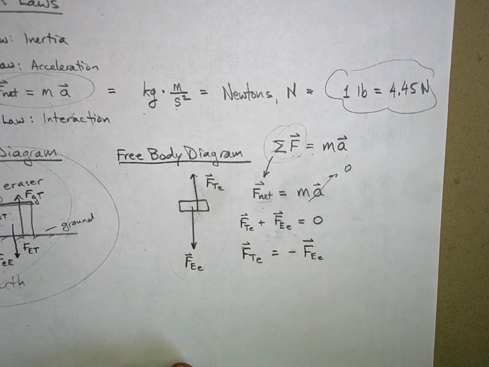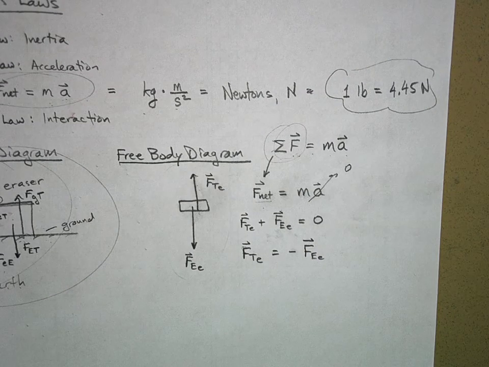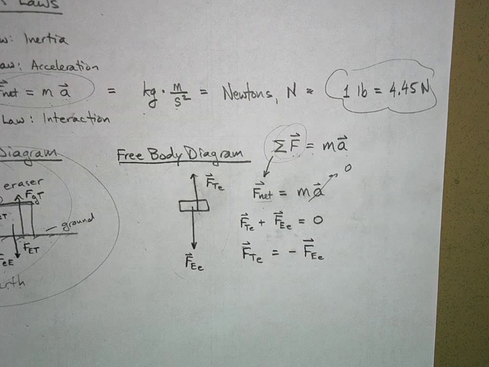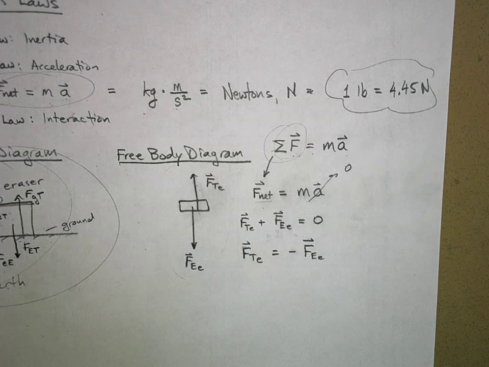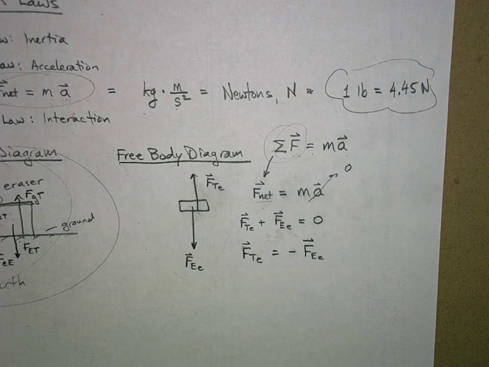I noticed that in Aaron's class, they're still doing everything in pounds and feet and inches, which really annoys physicists. Do everything with newtons. Engineers tend to use pounds, but it's just units. It's the same kind of stuff.